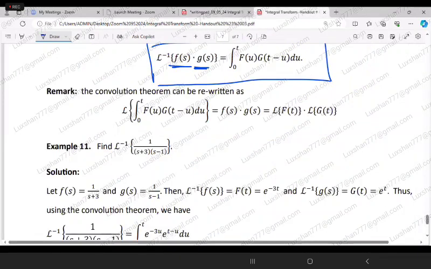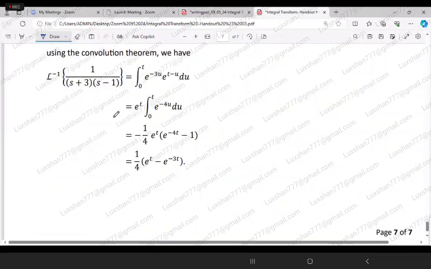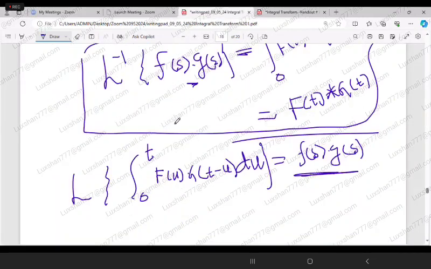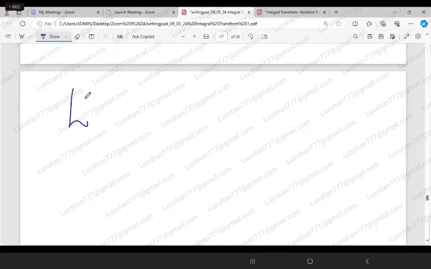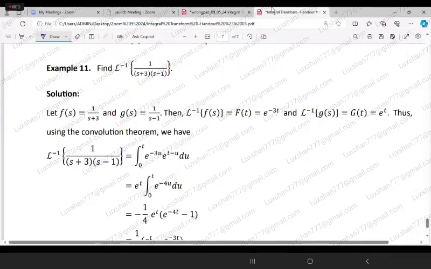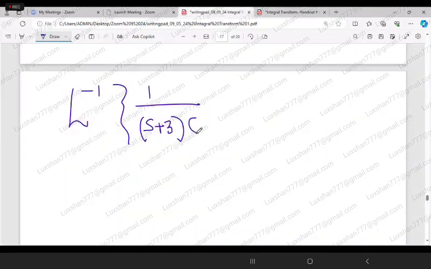Now we'll have an example. We want to find the inverse Laplace transform of this one, and we are going to use the convolution theorem. So we have to find 1 over (s plus 3) into (s minus 1). As homework, use the partial fraction method.